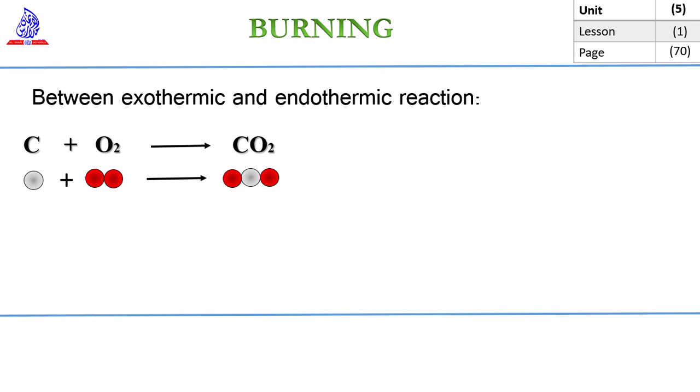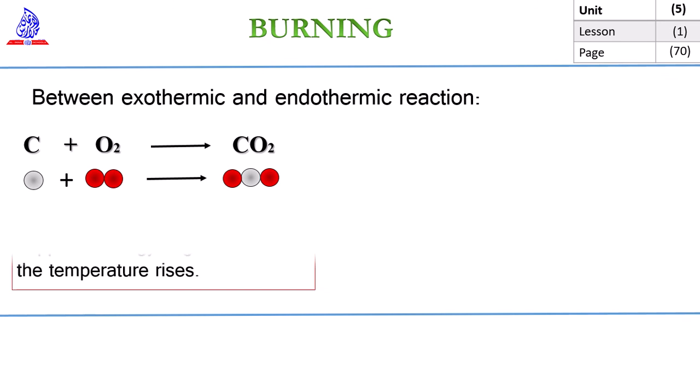So what happened in this equation? The same material, a carbon atom in the reactants, is also a carbon atom in the product. Two atoms of oxygen and two atoms of oxygen.